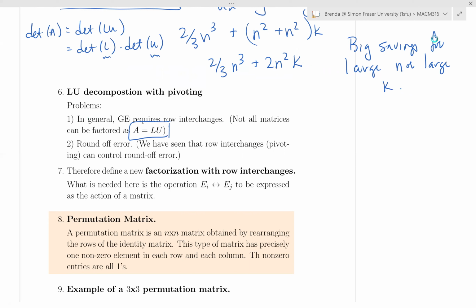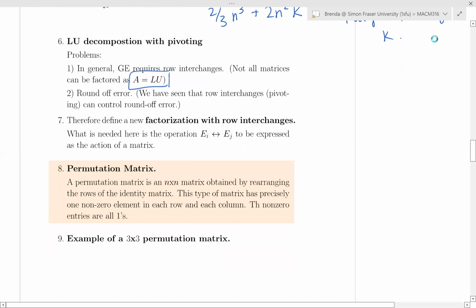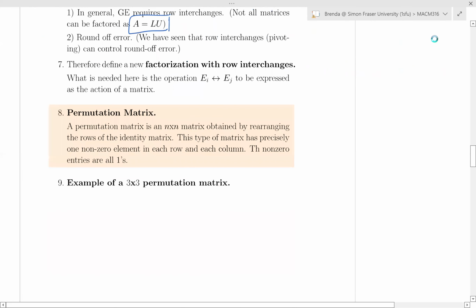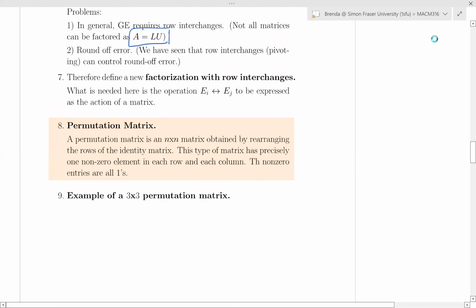So now we're going to take a look at doing a factorization of our matrices when we need to do row interchanges. In order to do that, we have to introduce the idea of a permutation matrix. That is a matrix that you multiply onto another matrix that exchanges the rows. I think it'll be fairly obvious once I show you this example.